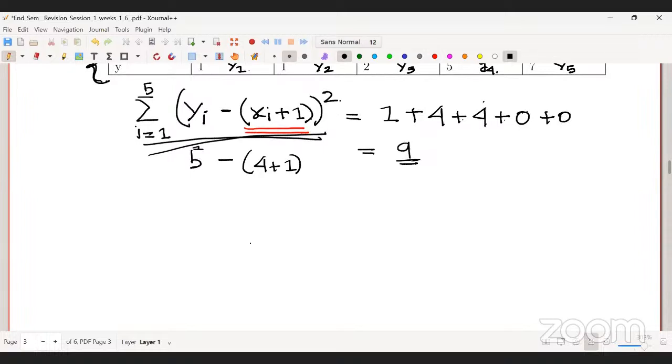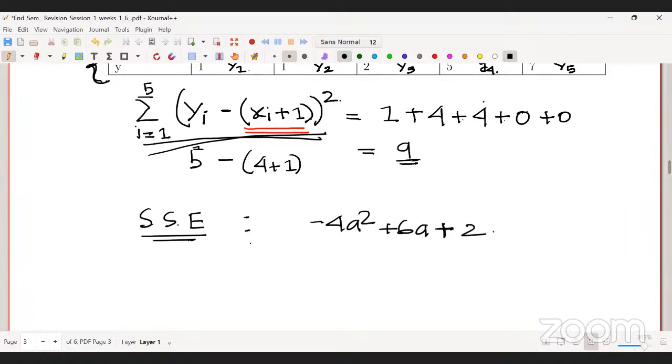Suppose it is given that the expression for the SSE is, let's say, minus 4a square plus 6a plus 2, right?